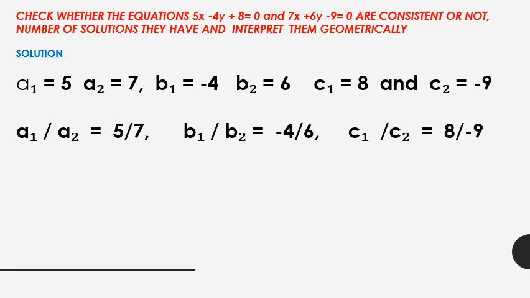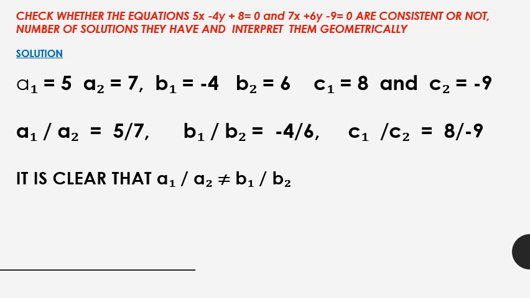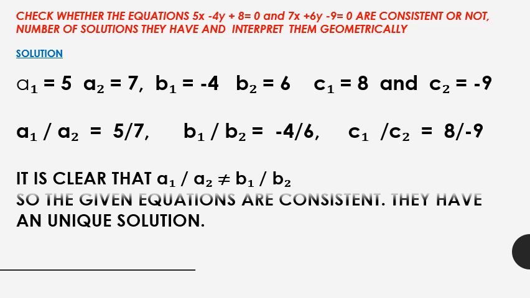Then we compare the ratios. a1 by a2 is equal to 5 by 7, b1 by b2 is equal to minus 4 by 6, and c1 by c2 is equal to 8 by 9. It is clear that a1 by a2 not equal to b1 by b2, as a1 by a2 is equal to 5 by 7, b1 by b2 is equal to minus 4 by 6, so they are not equal.